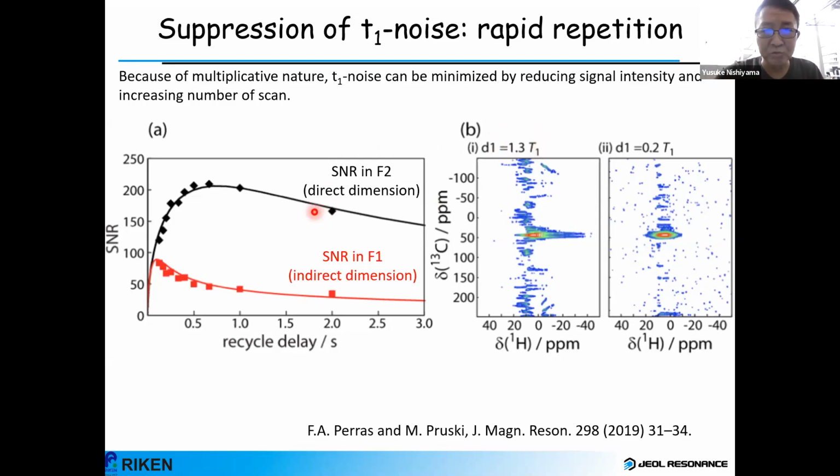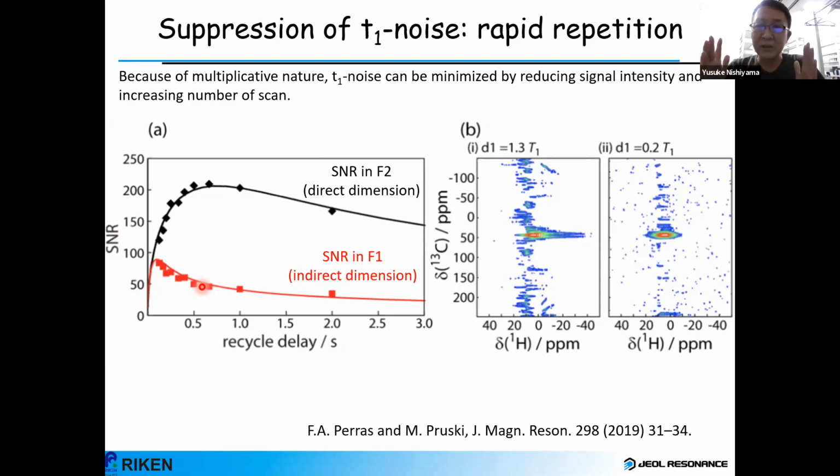Yes, this is true for the direct dimension. The signal intensity is maximized when the repetition time is 1.3 times the T1 relaxation time. This maximized signal intensity also maximizes the T1 noise as well. Then in the end, the signal to noise ratio in the F1 dimension is very low.